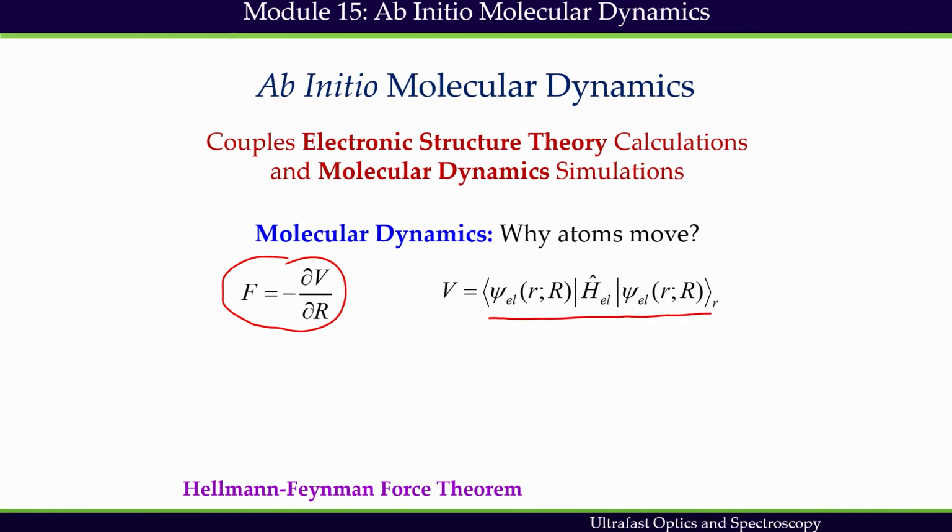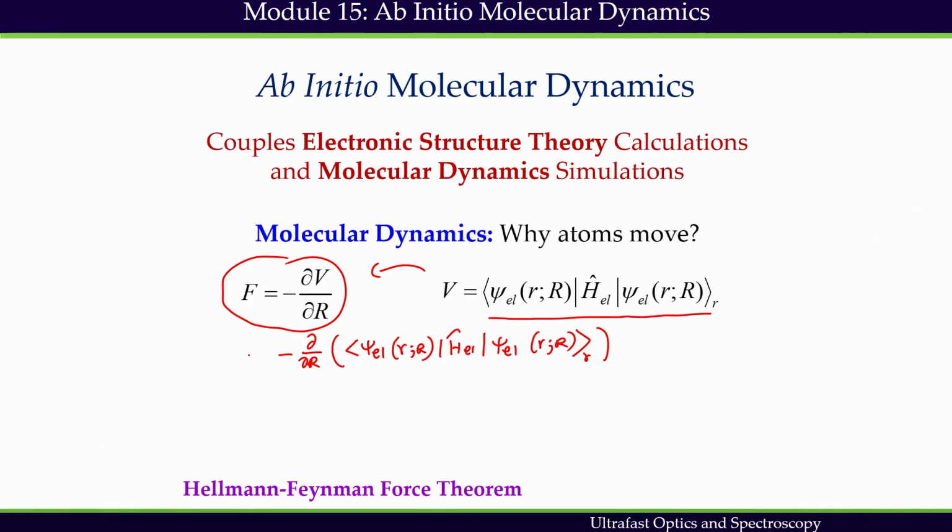If we plug that in, we can get an expression for F, which is minus the partial derivative with respect to R of the integral of psi electronic R, the electronic Hamiltonian, psi electronic R, integrated over the electronic coordinate.